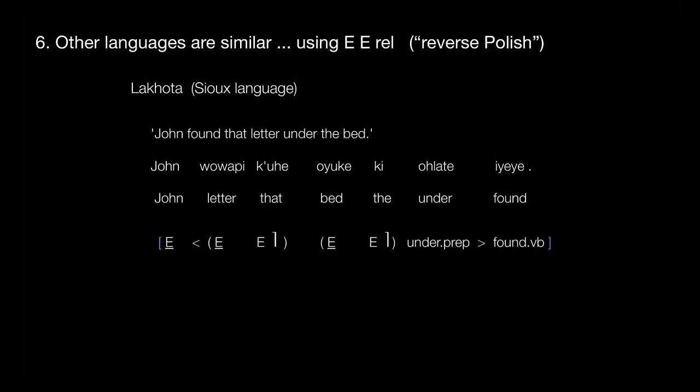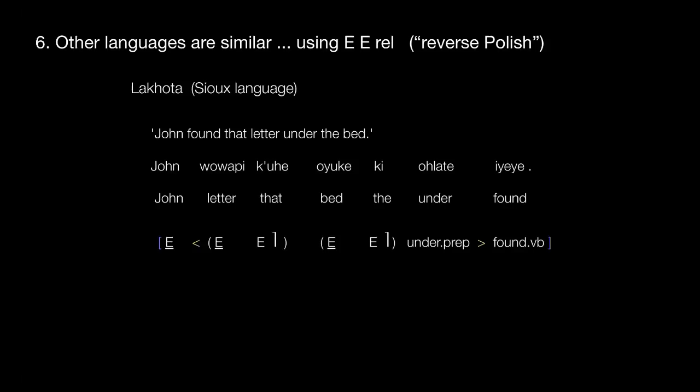Now, this is only English. So here's Lakota, which is the Sioux language. So where we would say, John found that letter under the bed, in Sioux, it is John letter that bed the under found. Okay. That can be written as rel.